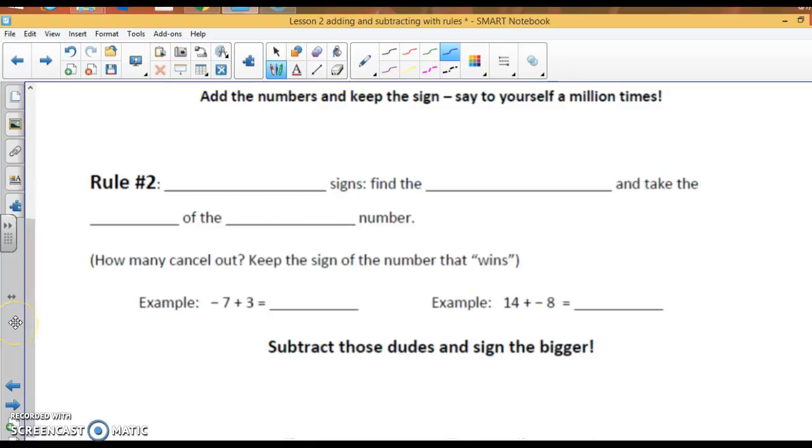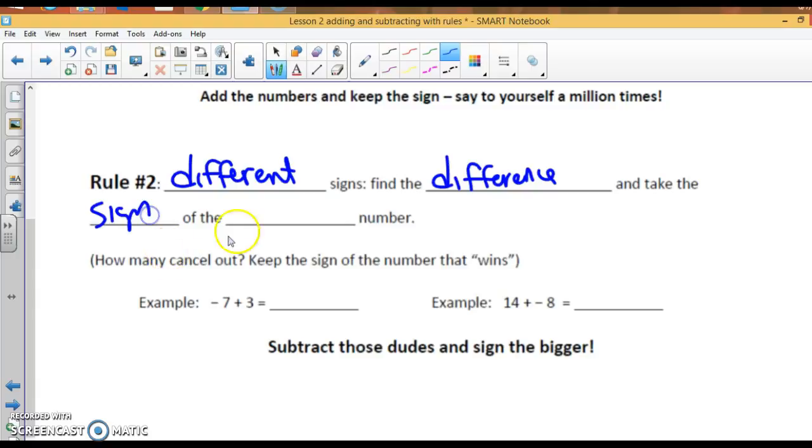Rule number 2. If the signs are different, you find the difference, which means you subtract the numbers and take the sign of the larger number. So, if we add -7 plus 3, they are different.